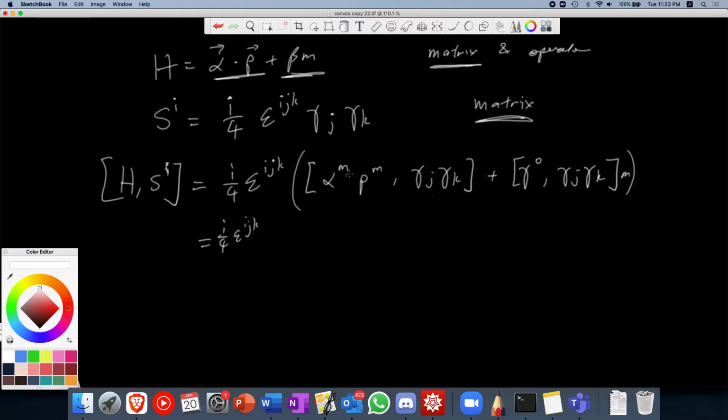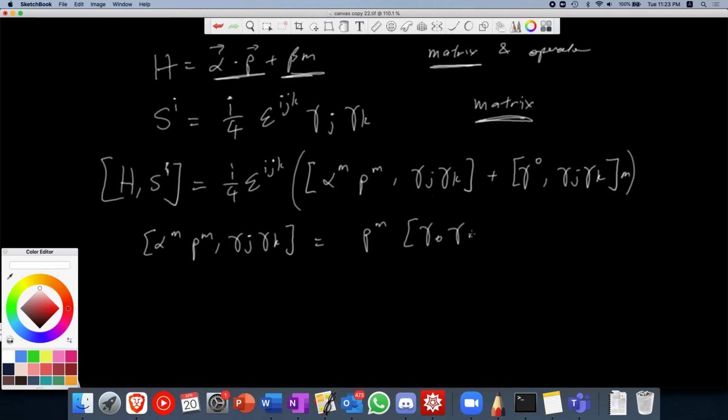Now we can actually pull out pm. I'll choose to write them separately. So alpha m pm alpha j alpha k is simply equal to pm. We have pulled out pm because pm is an operator, it's not a matrix, so it's blind to whatever matrix stuff there is inside.